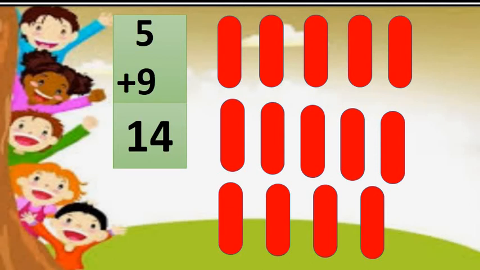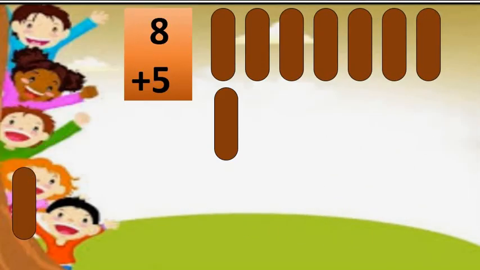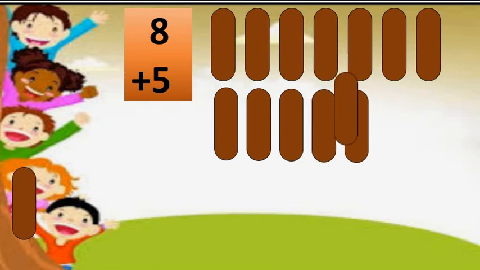Move on to the next sum. Sum is 8 plus 5 is equal to what? Here we have 8 objects. We are going to add 5 more to it. 1, 2, 3, 4, 5. Completed.